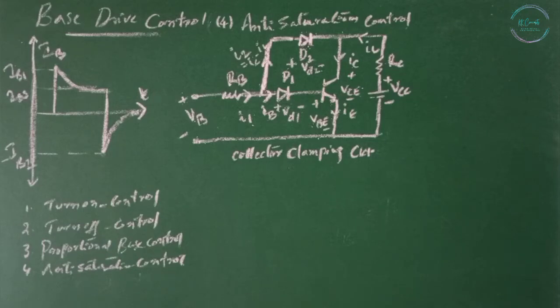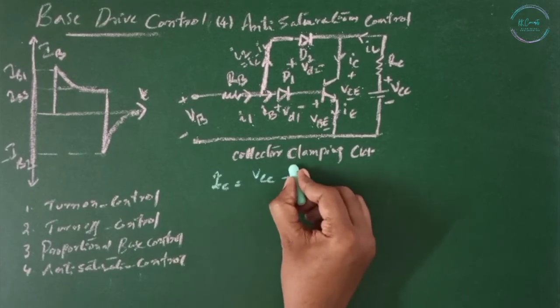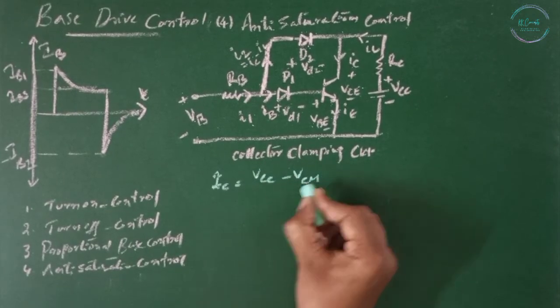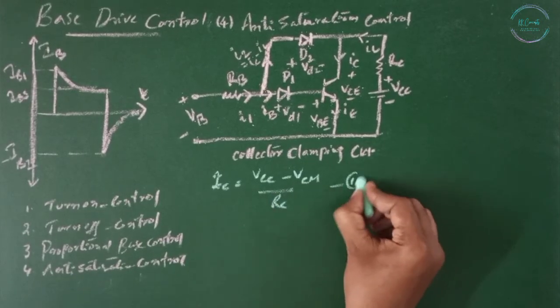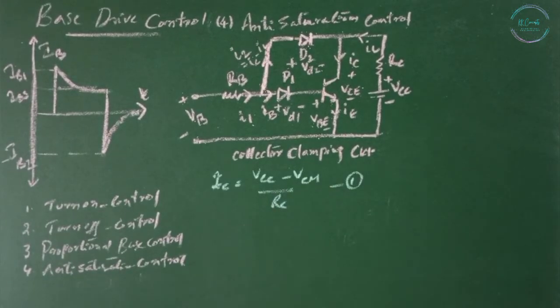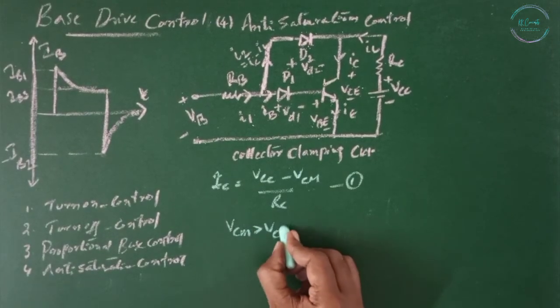The collector current IC is given by VCC minus VCM divided by RC. That will be equation number 1, where VCM is the clamping voltage. Clamping voltage VCM is greater than VCE saturation.